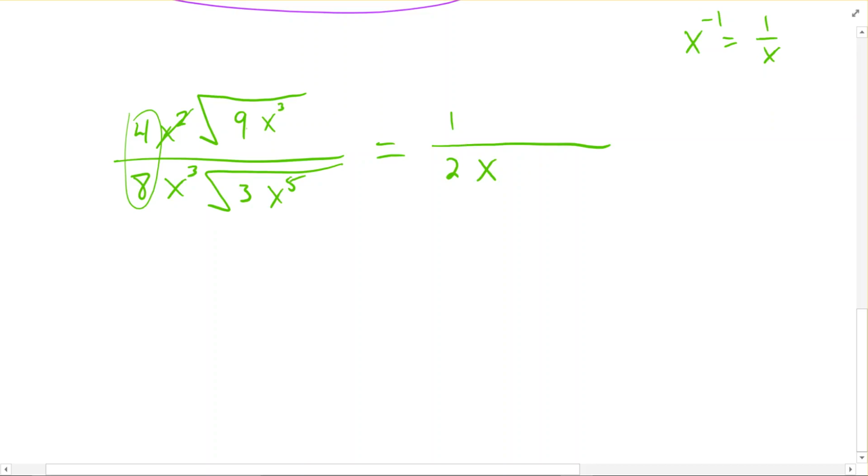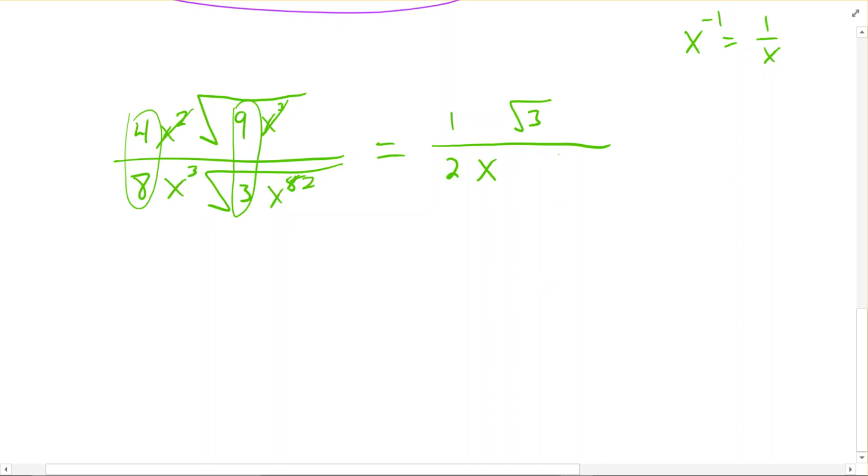Now we've got a 9 up top in the square root and a 3 in the bottom, so we're still going to have square root of 3 right there. Nothing in the bottom because you could say we have square root of 1, but that's just 1, so it's not even there anymore. And then we've got 3 x's up top, 5 in the bottom. 3 of those are going to cancel with 3 of those, leaving just x squared.